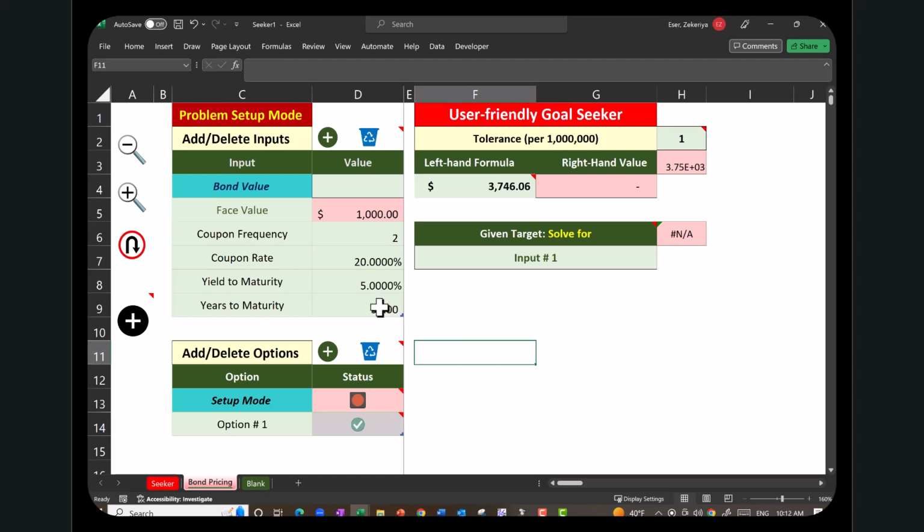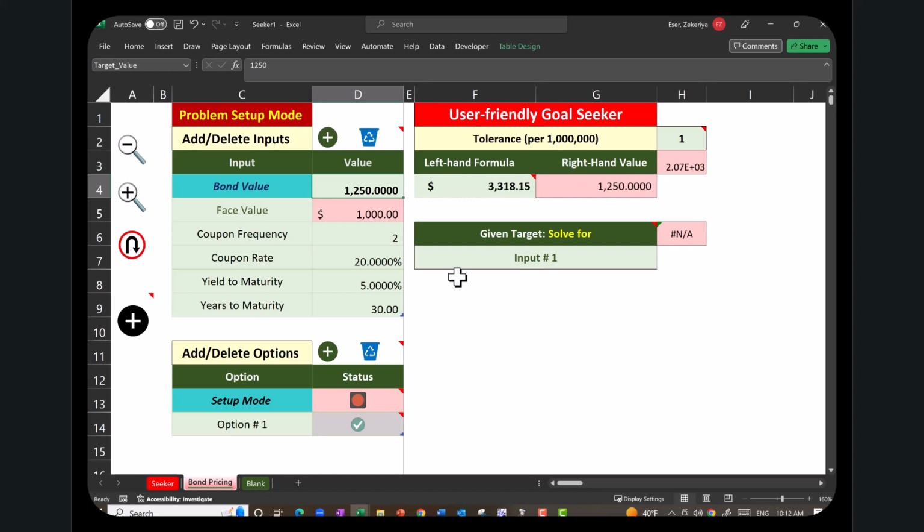And let me see. For now, I'm gonna put 1250, for example. I'll add some more stuff to this, to make things a little bit simpler.